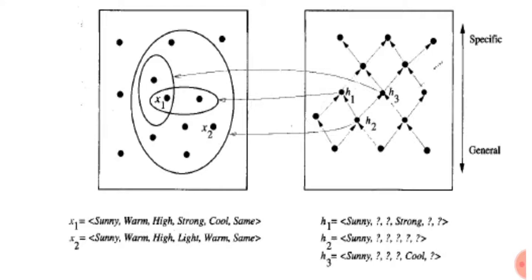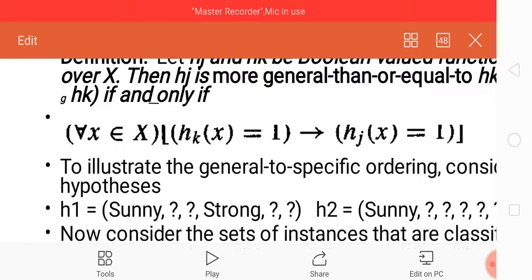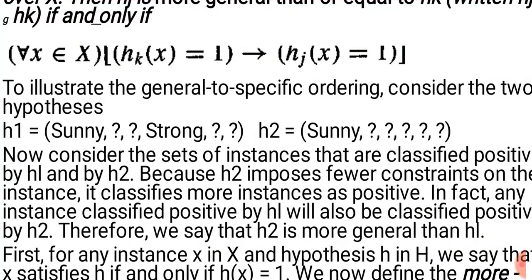The H2 hypothesis has sunny and the remaining all represented with question marks. That means whatever instance we take, if it has only the first attribute value sunny, whatever the possible values for the remaining attributes, it accepts that one. So that instance will satisfy the H2 hypothesis.